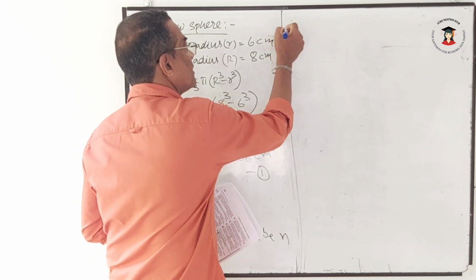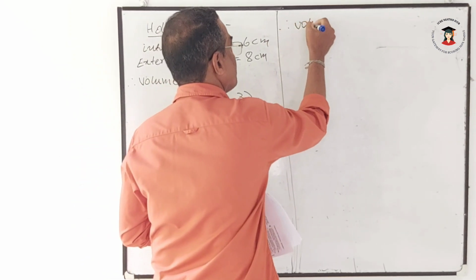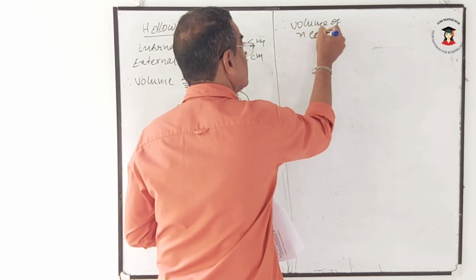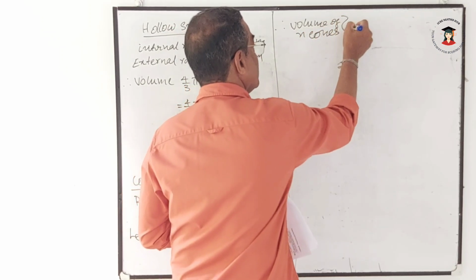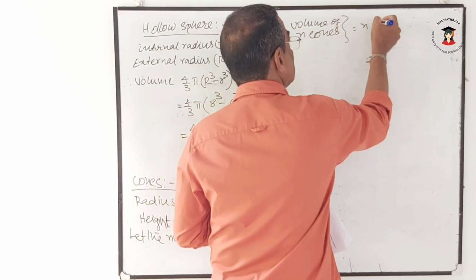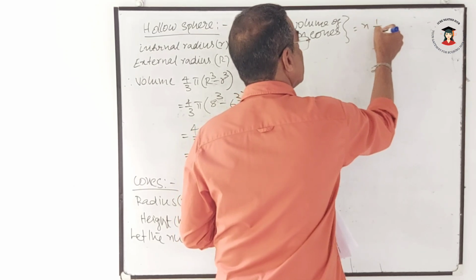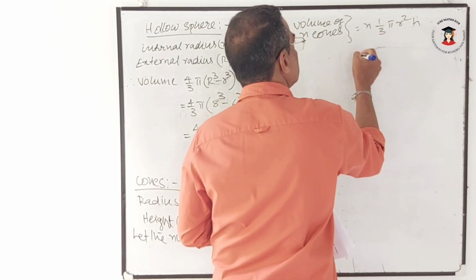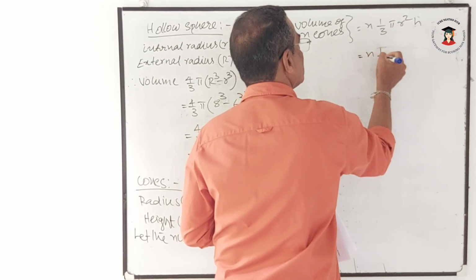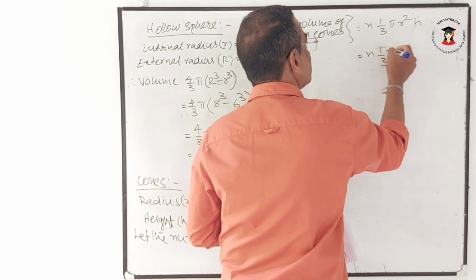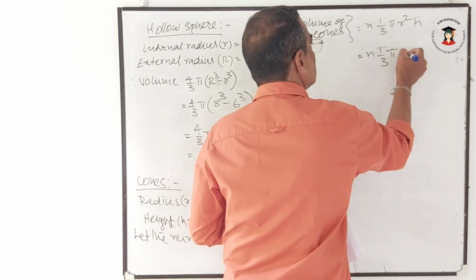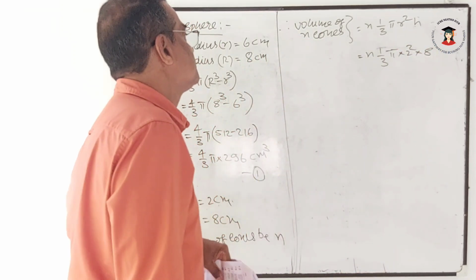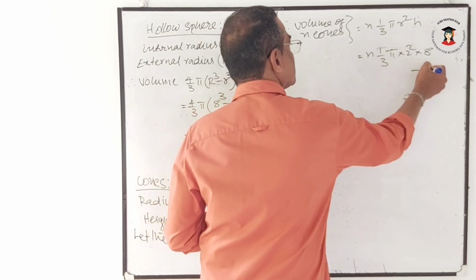Therefore, volume of n cones will be equal to n times 1 by 3 pi r square h, equal to n into 1 by 3 into pi into 2 square into h. Equation number 2.